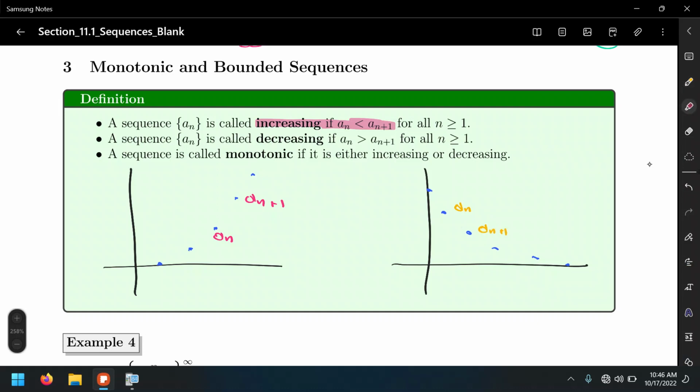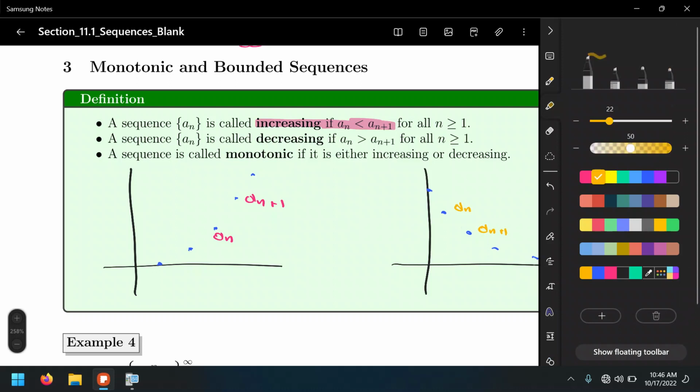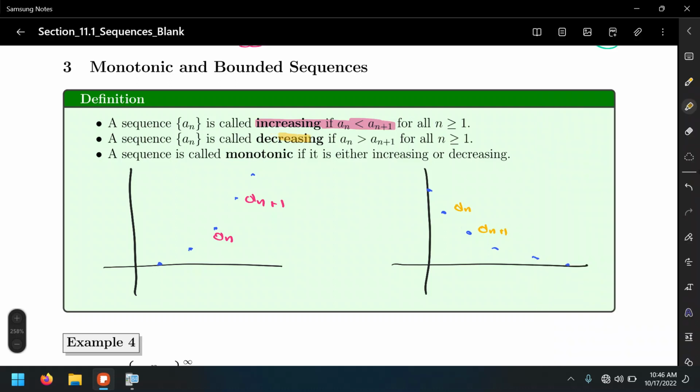Well, in this case, it's decreasing whenever we focus on one term, and the next one is actually smaller. So a sub n is larger than a sub n plus 1. That is, it's larger in value than its next term in the sequence.